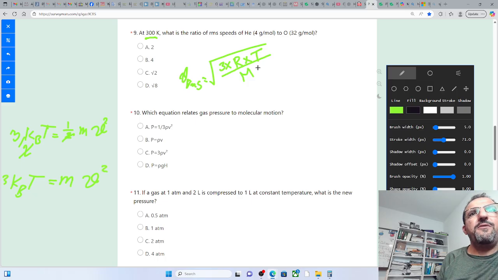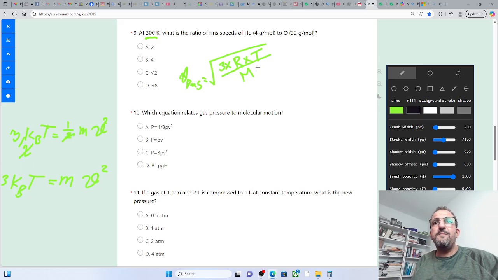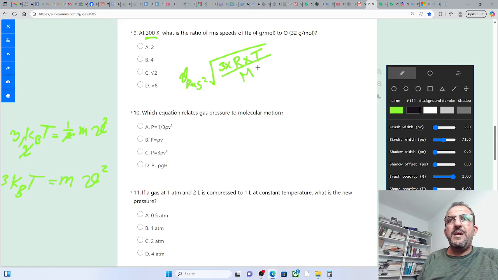We will have 3k Boltzmann times temperature equal to the mass times velocity squared. So v squared is equal to 3 times k Boltzmann times temperature divided by the mass, or v is equal to the square root of 3k Boltzmann times temperature divided by the mass.